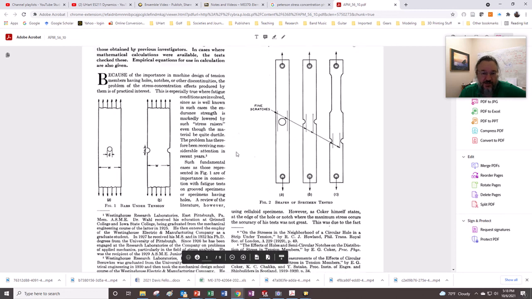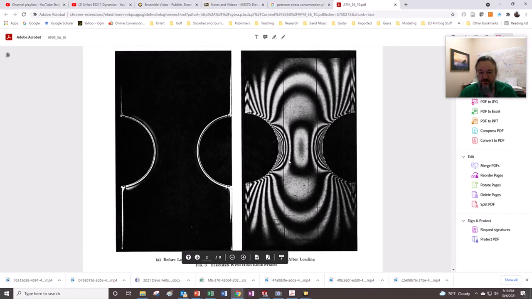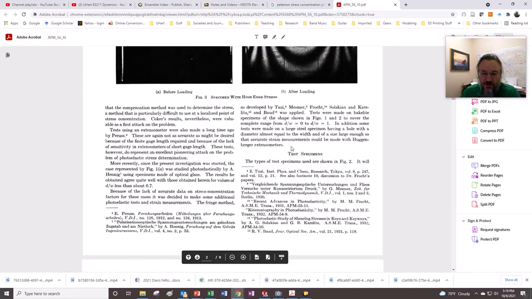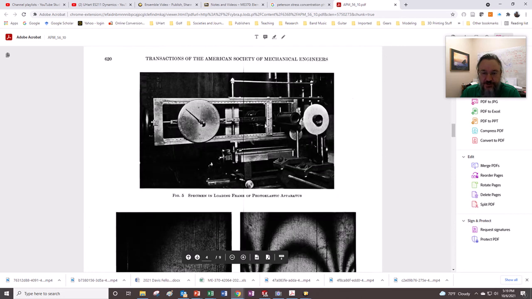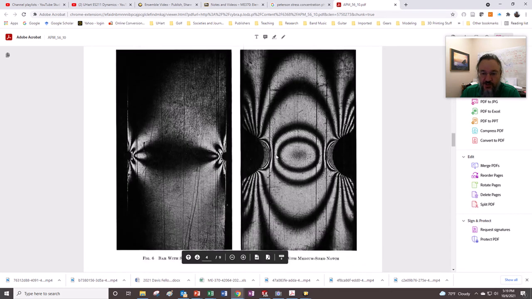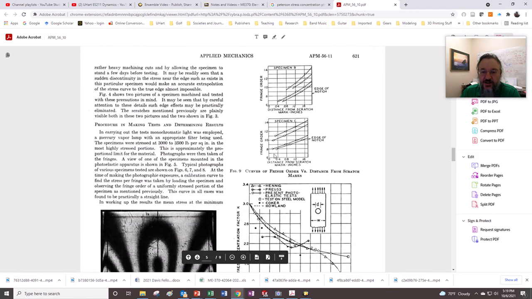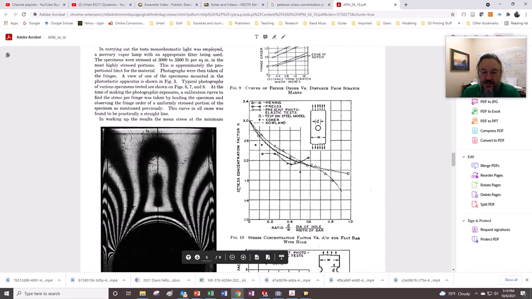But we could go back to here and you could see pictures of what he did to get these, which is pretty amazing. He used the photoelasticity effect in order to find these stress concentrations. And here's this little rig, and they're putting light through it, and they're trying to get the stress concentration factor from this.